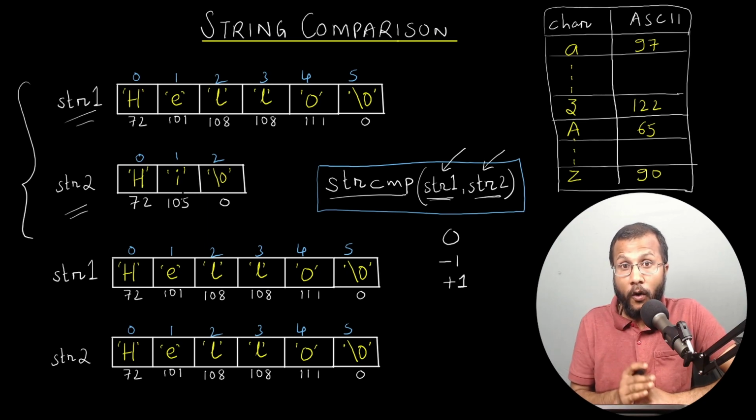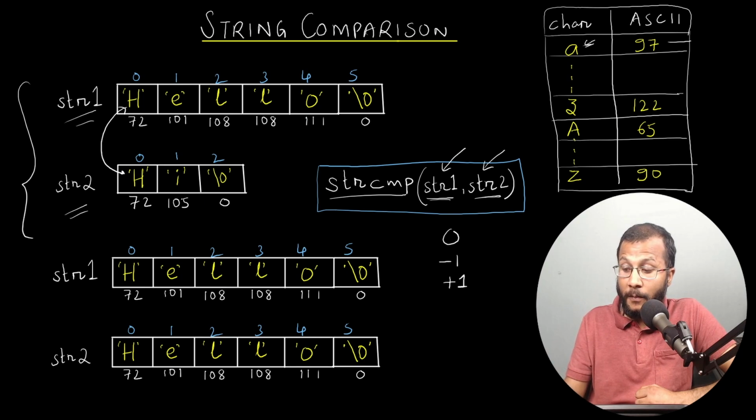Now in order to compare these two strings, we need to first of all compare character by character. You may remember that each character is having the unique integer representation or unique code called the ASCII code. For example, small a is represented by the ASCII code 97, small z is represented by the ASCII code 122. Similarly, capital A is represented by the ASCII code 65 and capital Z is represented by the ASCII code 90.